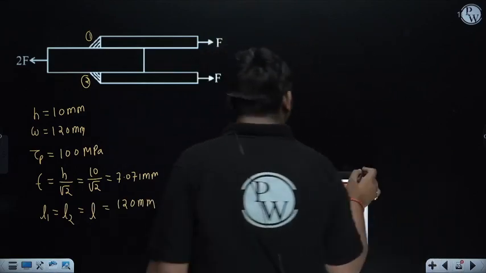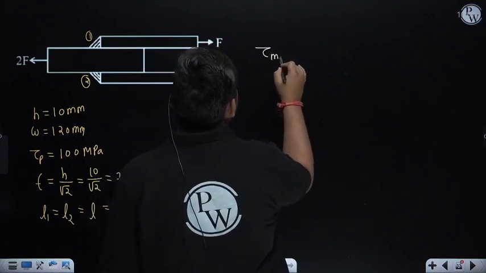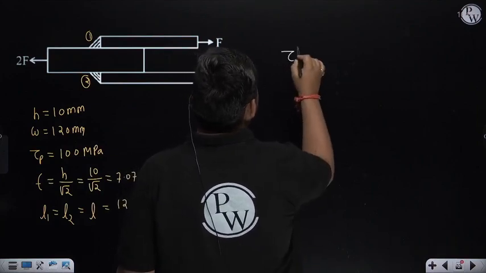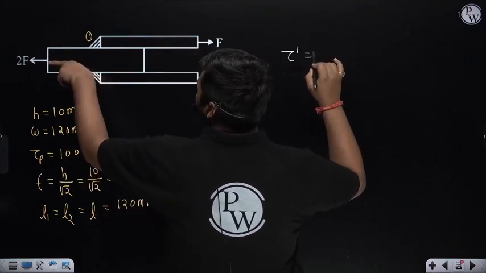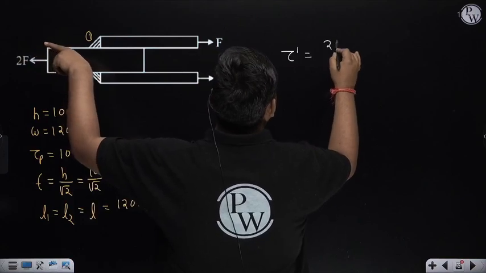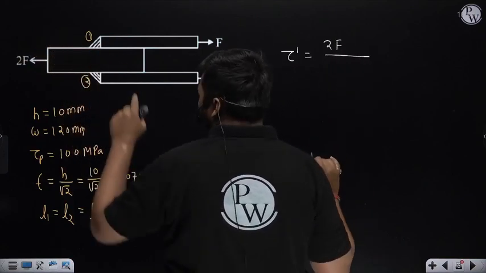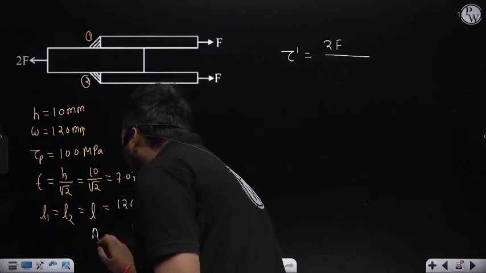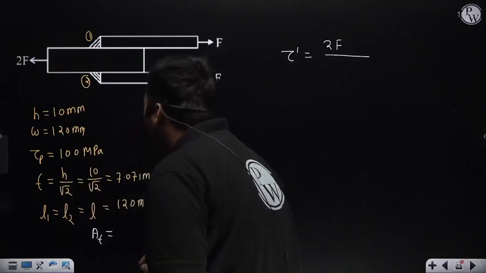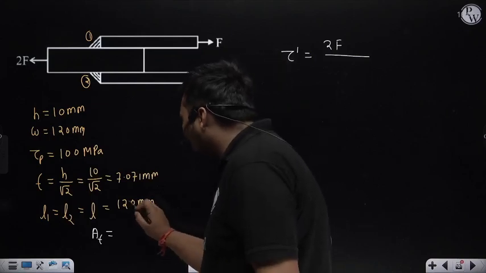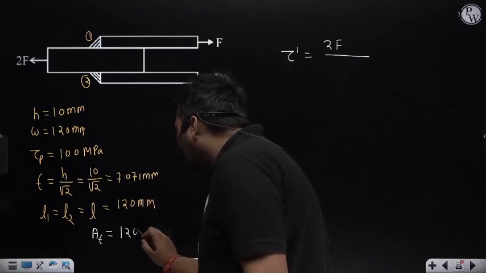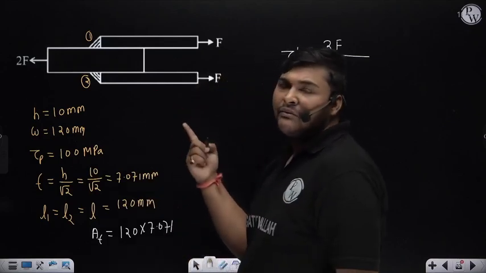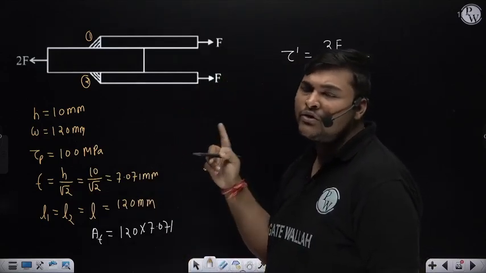So what will be the formula for the maximum primary shear stress in the weld, since it is coming due to force? The expression will be total force, which here is 2F, divided by total throat area. The throat area of weld 1 is length 120 into throat 7.071, and the throat area of weld 2 is the same, because the length and throat of both welds are the same.